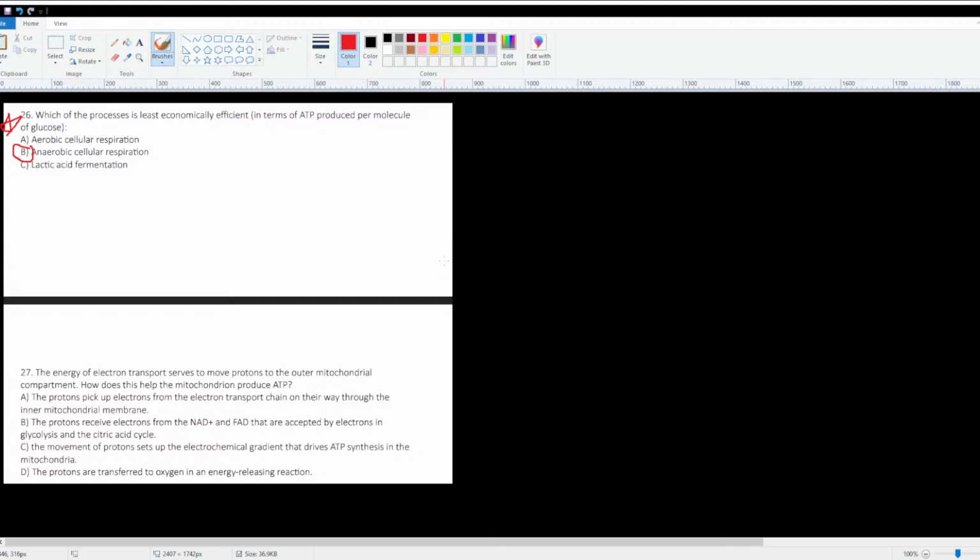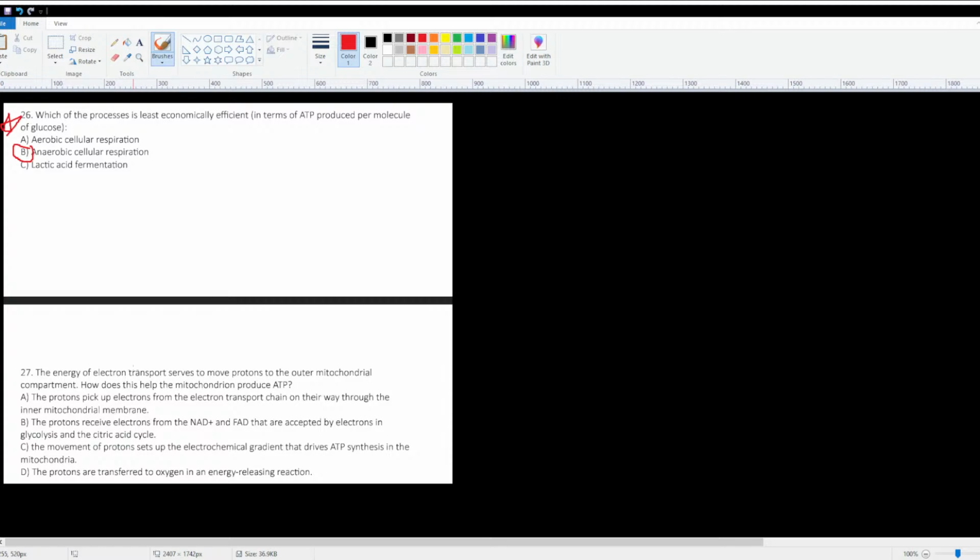And remember how much ATP is produced during glycolysis. Literally 2 ATP. So that's like nothing compared to aerobic cell respiration. And like I said, lactic acid fermentation is just anaerobic cell respiration. They're kind of the same thing. So lactic acid fermentation would be an example of anaerobic cell respiration.